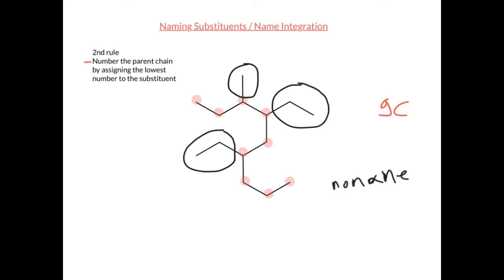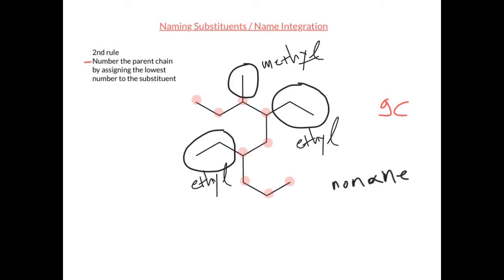If we have 1 carbon, the name will be meth, and it's going to have the suffix yl, while if we have 2 carbons, the name will be eth, and it's going to also have the suffix yl.